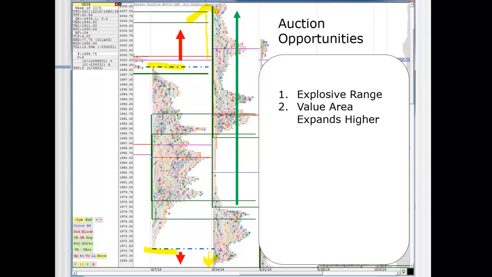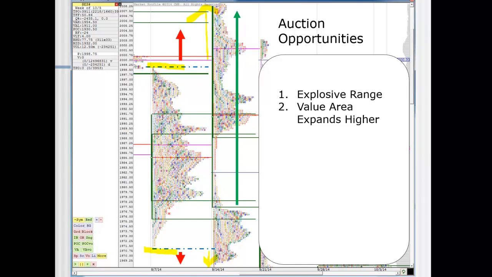On the other hand, as we take a closer look at this explosive range auction, as a seasoned profile reader, you are going to begin to see a number of other important observations that should lead you not to make such a hasty decision.